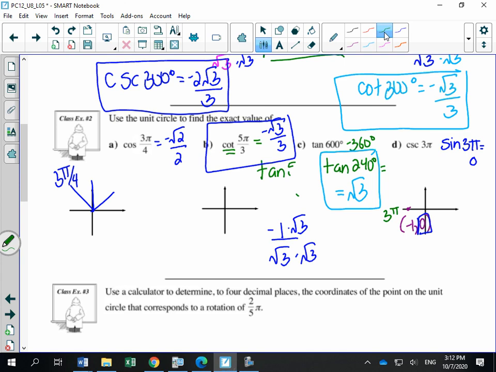So if I turn this into a fraction, I would get 0 over 1. The reciprocal of 0 over 1, the cosecant of 3 pi is going to be 1 over 0. You could never divide a number by 0, so this answer is actually going to be undefined. So the cosecant of 3 pi is undefined.